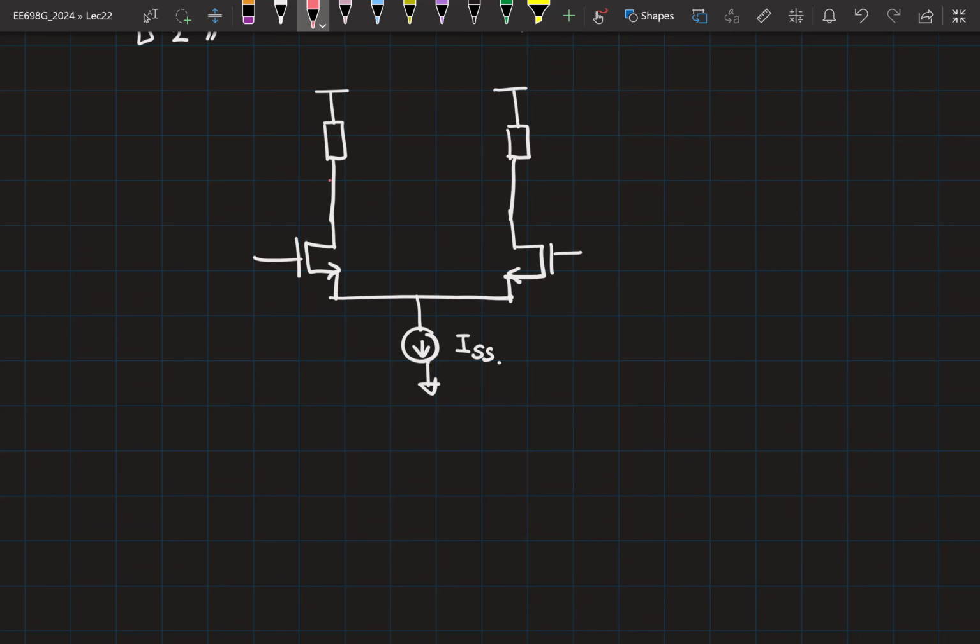And let me call these points Vx and Vy. Let's say this is transistor M1, M2. This is some input V in P and V in M. Now we replace this load with an LC tank. I'm directly going to draw the parallel RLC here.